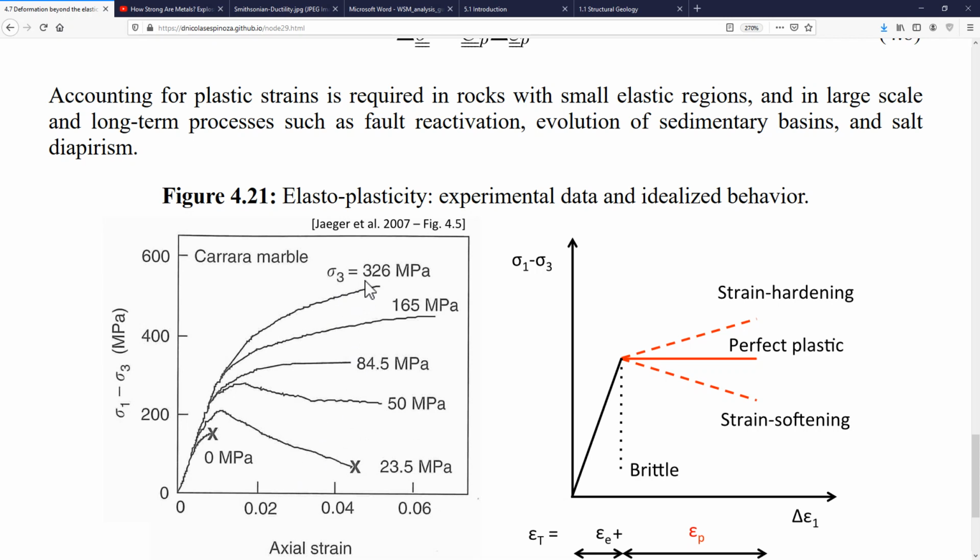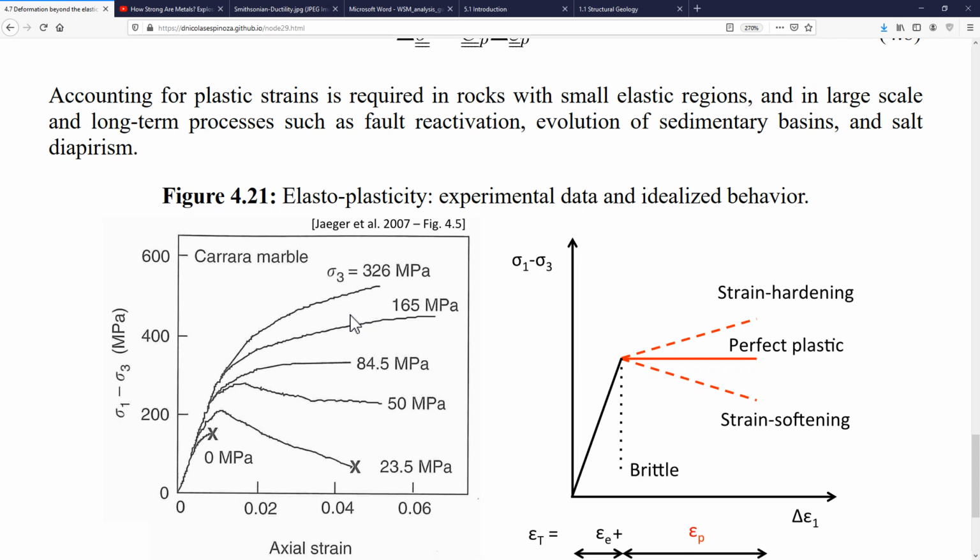The higher the confining pressure, or the higher the effective stress, the higher the strength of the material is going to be, and also the more ductile response I'm going to have. Notice that in this particular case, at a very high stress, we never reach a peak stress. The material always gets stronger and stronger.